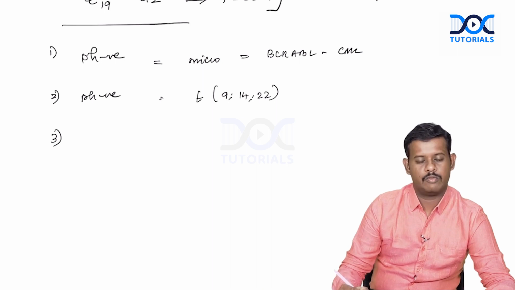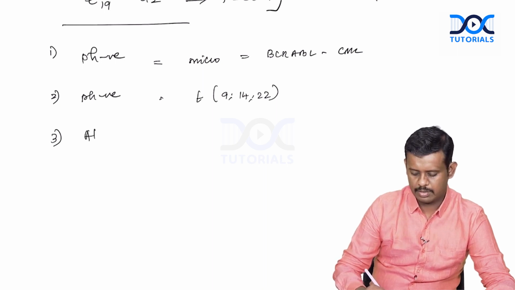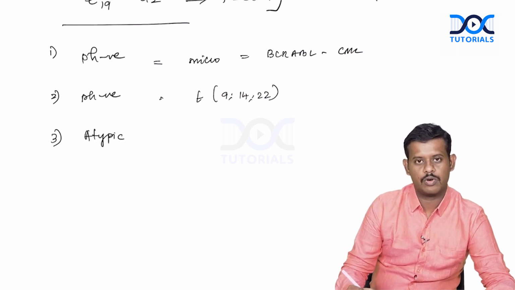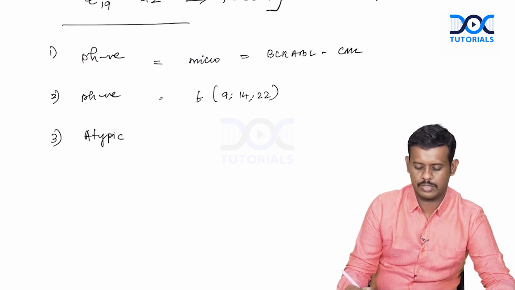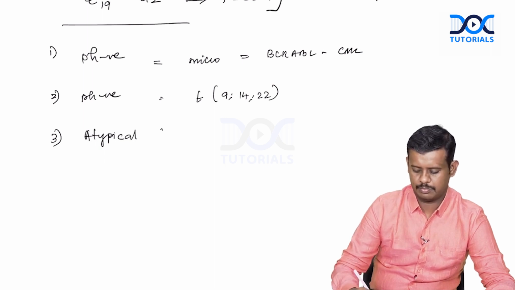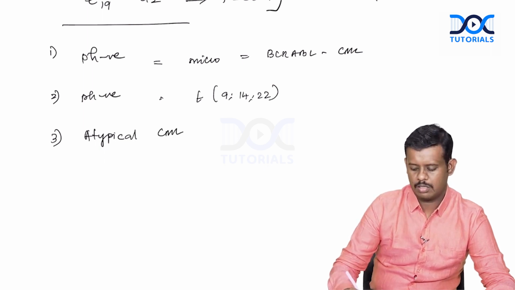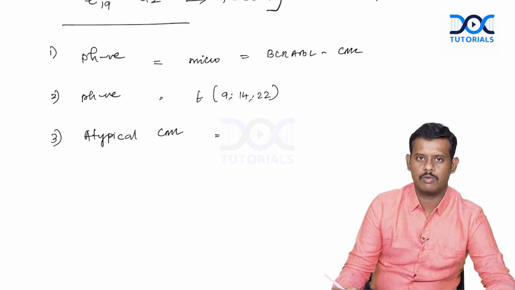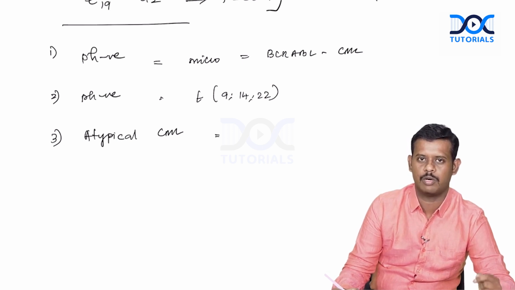What else? We have the third variant called atypical CML. We have discussed atypical transcripts so far. Please be sure about the differences. What we are discussing now is atypical CML. Basically, such patients have clinical features suggestive of CML like splenomegaly, pallor, weight loss and so on, but they don't have any evidence of a hybrid BCR-ABL being formed.